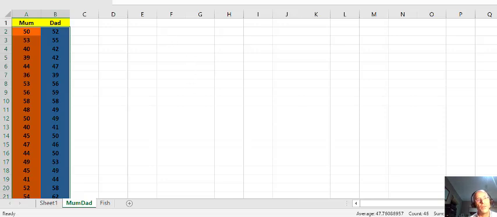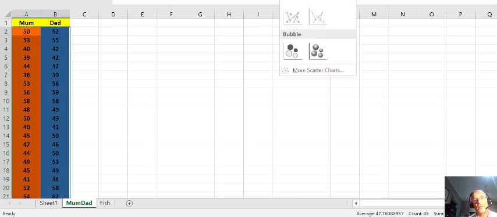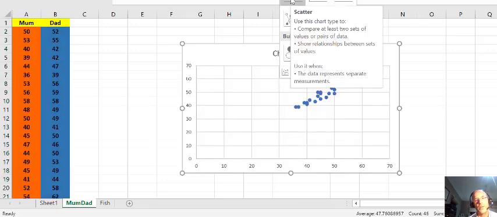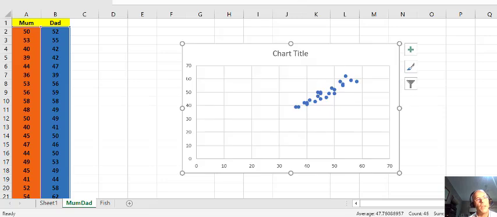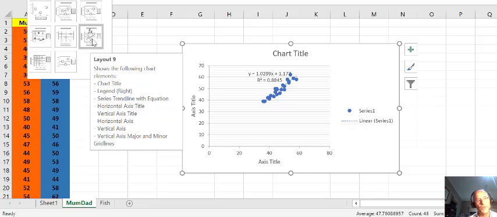Some of this is similar to a recent video I did, and if we go using Microsoft Excel and click on Insert and Insert Scatter XY, I'm just going for a regular scatter at first, and then I'm going to use quick layout number 9 on this version of Excel that I'm using.